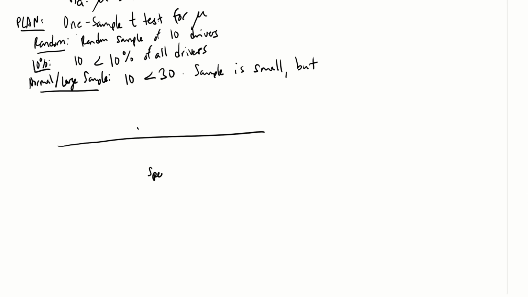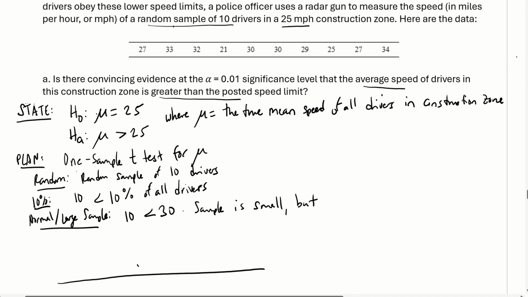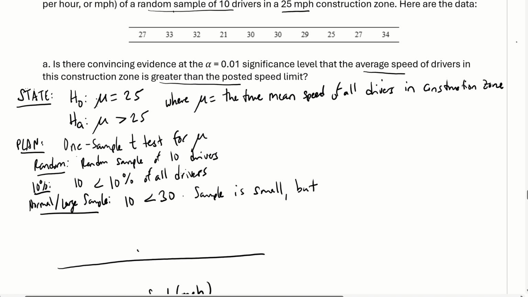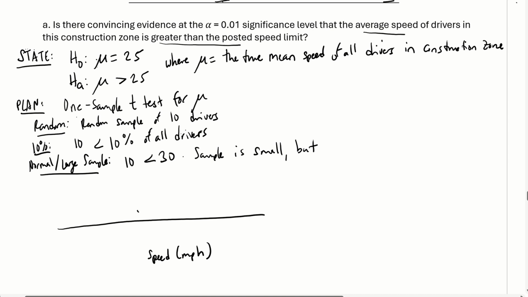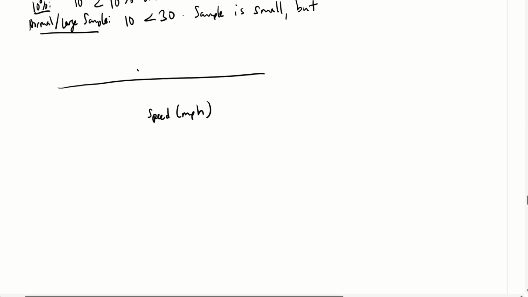I'm going to do the speed in miles per hour. The smallest speed is in the low 20s. 21 is the lowest, and 34 is the highest. So we're going to go from 20 to 34 or 36, something like that, and we'll go by 2.